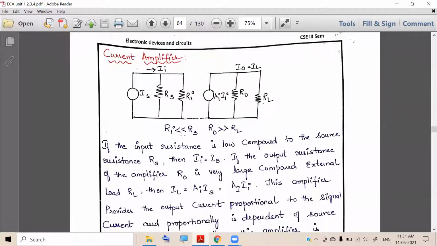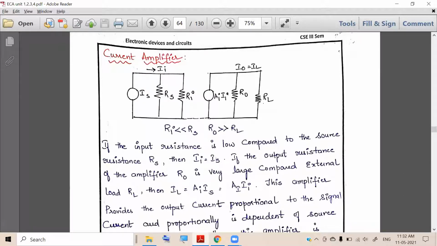When those conditions are satisfied, what happens? Is will become equal to Ii, which is the current flowing through Ri. Then at the output side, when the condition is satisfied, Ai Ii will be equal to IL.